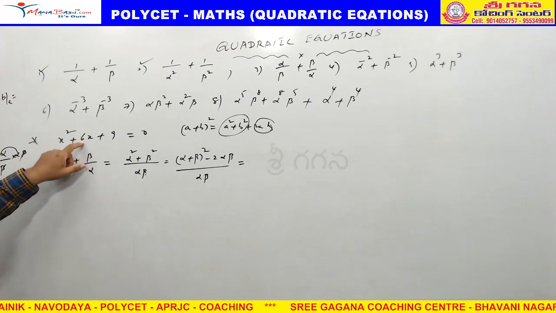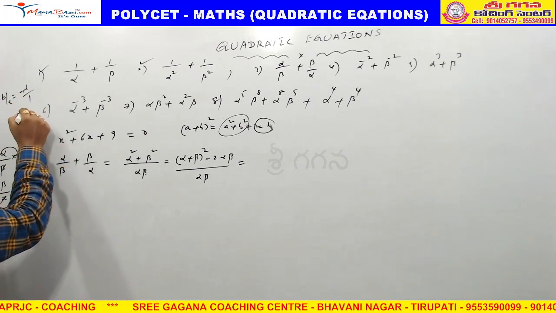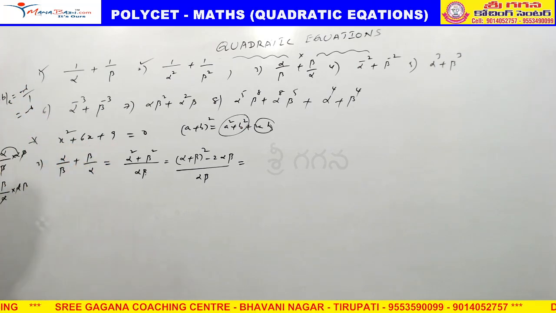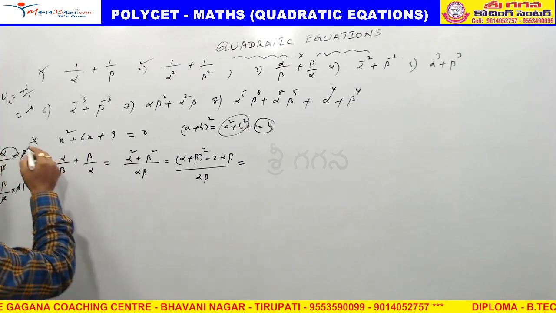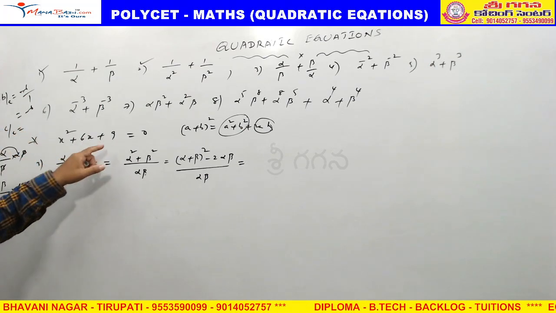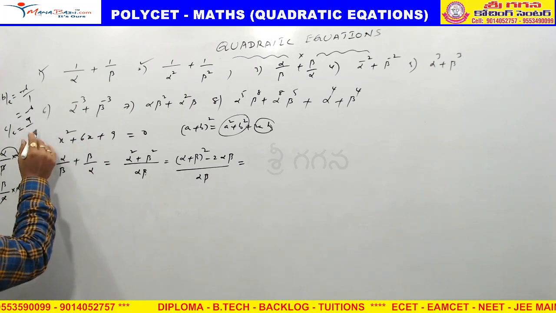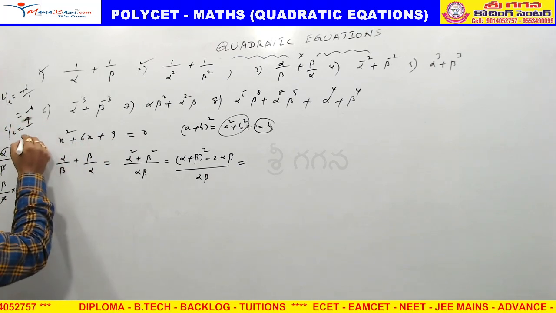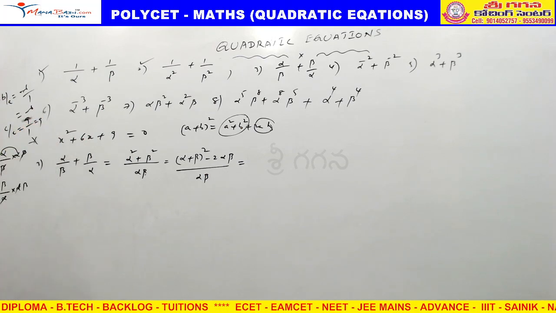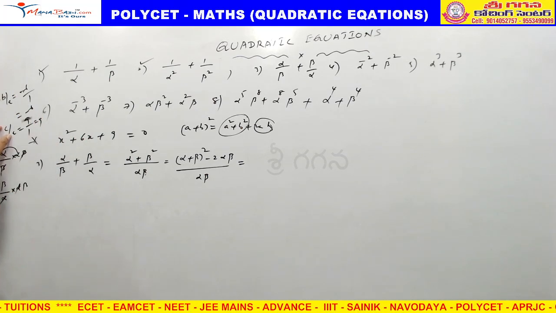What is the b value here? Minus 6, a value 1, that means minus 6 will come. Next c by a, the product of the two roots. C by a, what is this? You have to always compare with the given equation. What is the a value here? 1. C is 9, so 9 will come. So the sum of the two roots is minus 6, the product of the two roots is 9.